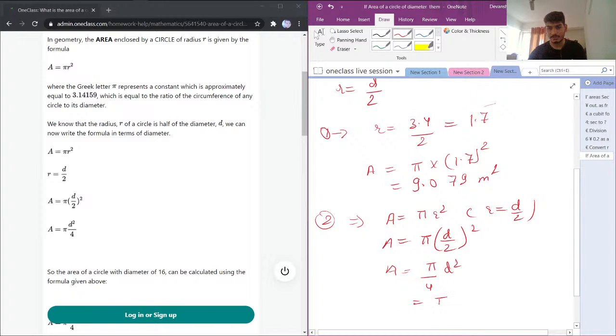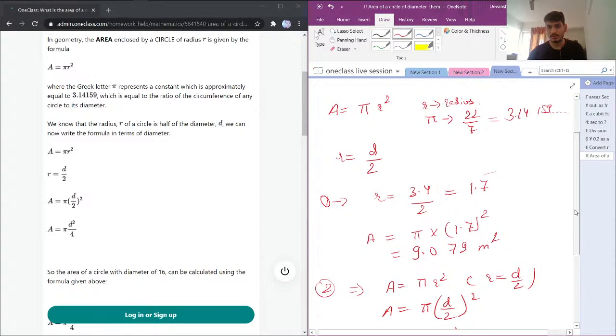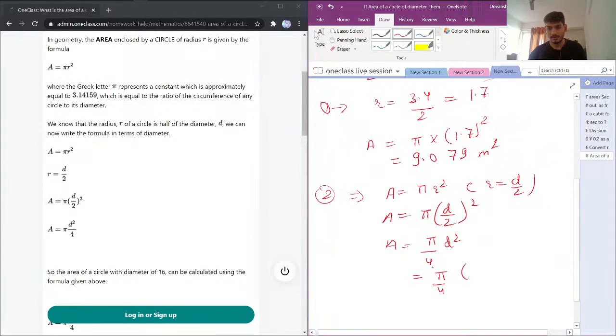Now I can just put the value of diameter, 3.4 meter. So pi divided by 4 into 3.4 whole square. Again we get the same answer, 9.0792 meter square.